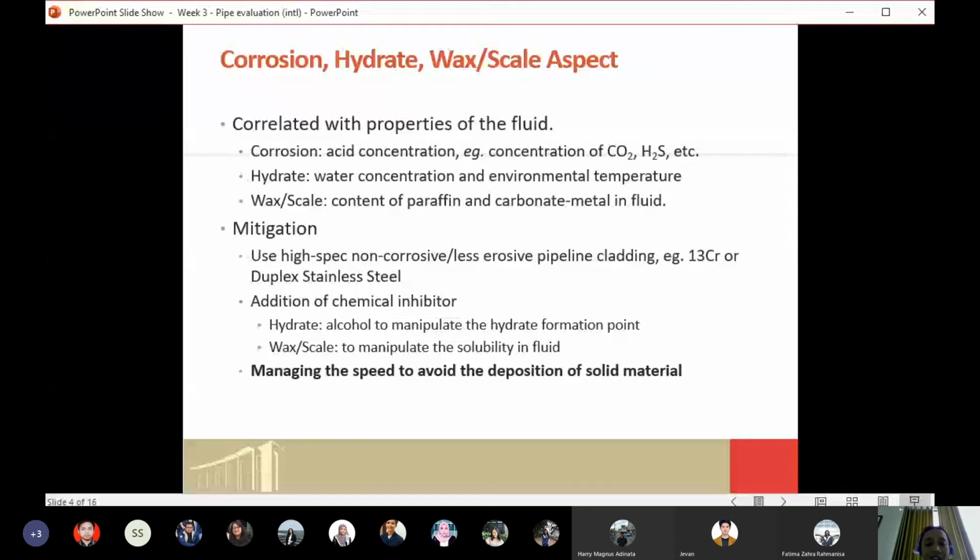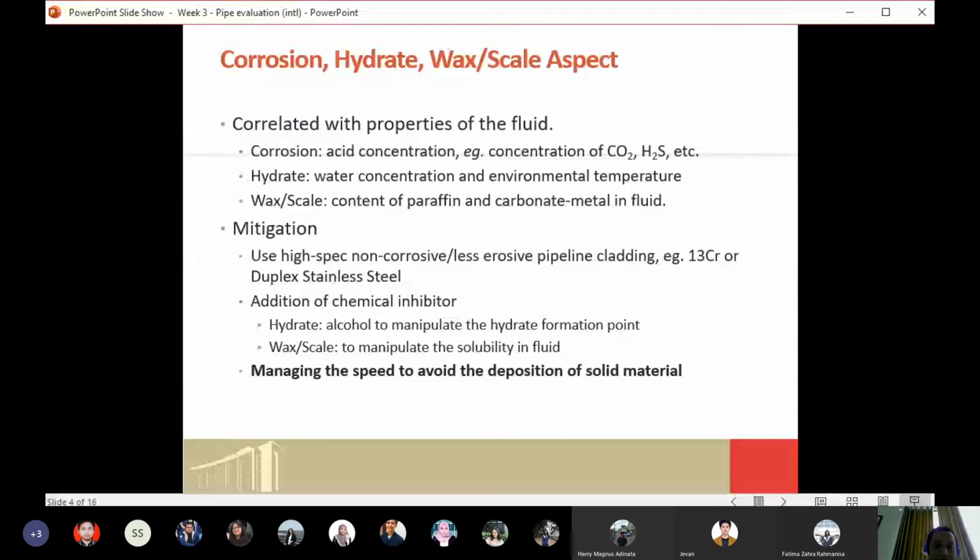So this is the design for the pipelines. It is quite important to understand and evaluate the feed composition that we have, to avoid pipeline corrosion.